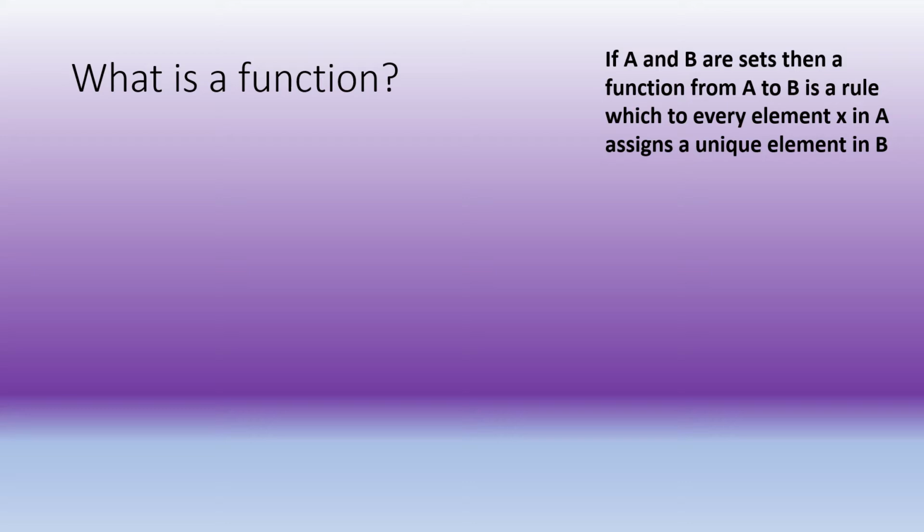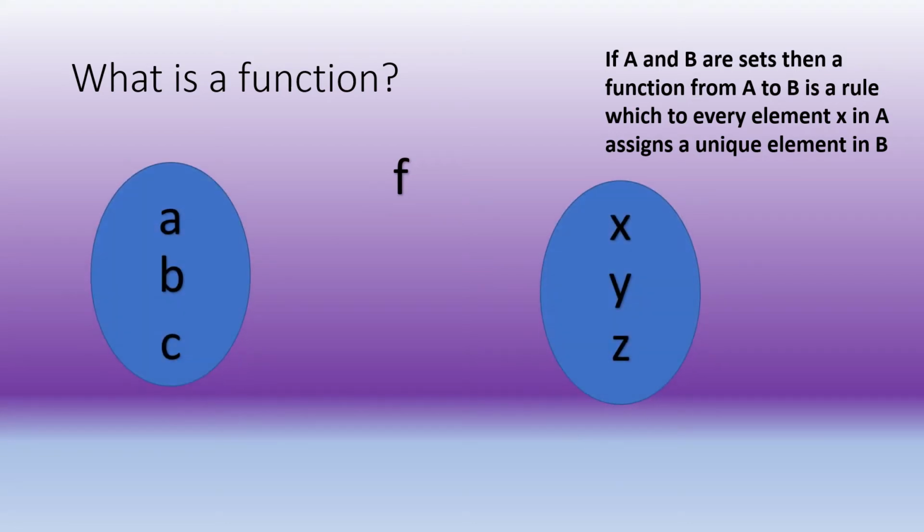So let's consider two sets, and they can be linked with a function f. And these two sets are represented in two kind of elliptical blobs, if you like. So in my first blob, we have set capital A, which contains three elements, which are a, b, and c.